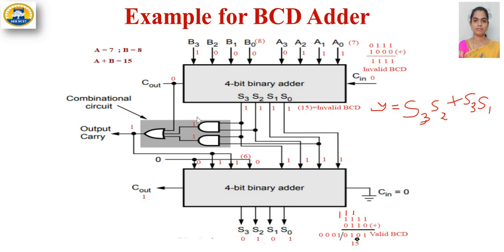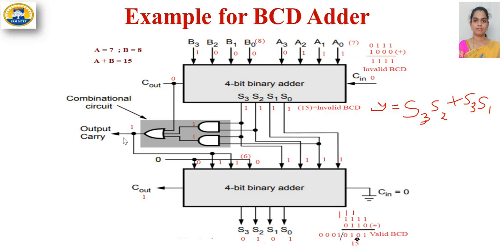And we have to consider the carry also. If the carry is 1, it has to add 6 to that number. Now for this OR gate, we are giving 3 inputs: this carry and these two AND gate outputs. Now we are performing addition for this OR gate: 1 plus 1 plus 0.